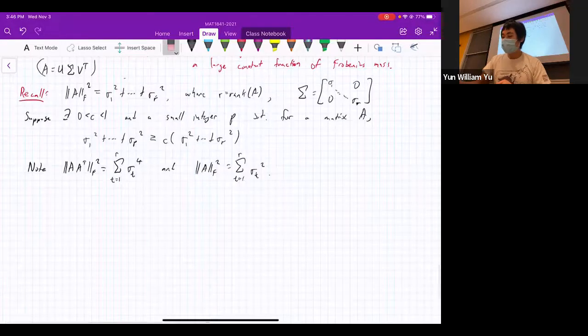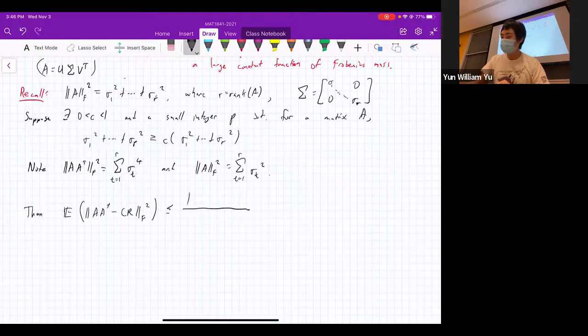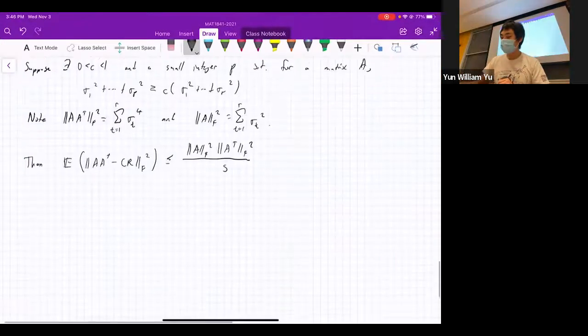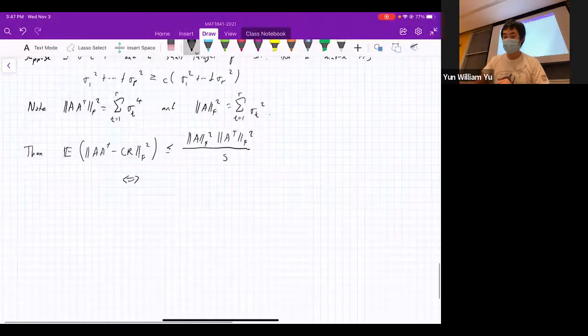Then we know that the expectation of the Frobenius norm squared of A transpose A minus CR is less than or equal to this. So this is just our original statement. And that is equivalent to, okay, and what do we want?